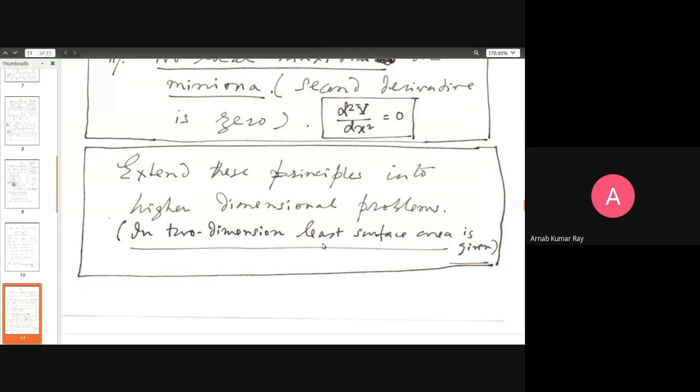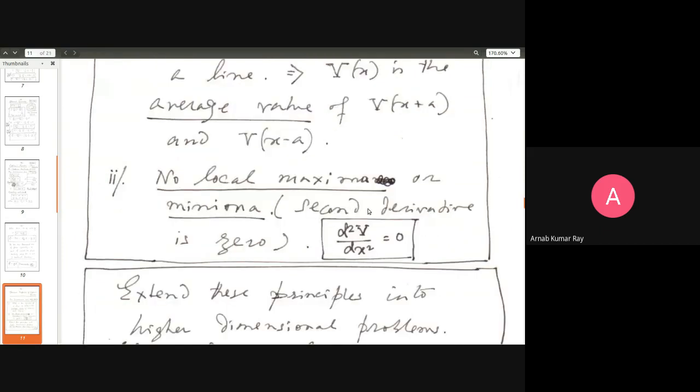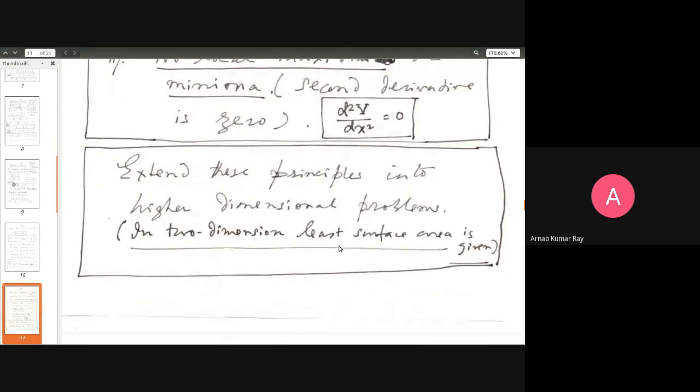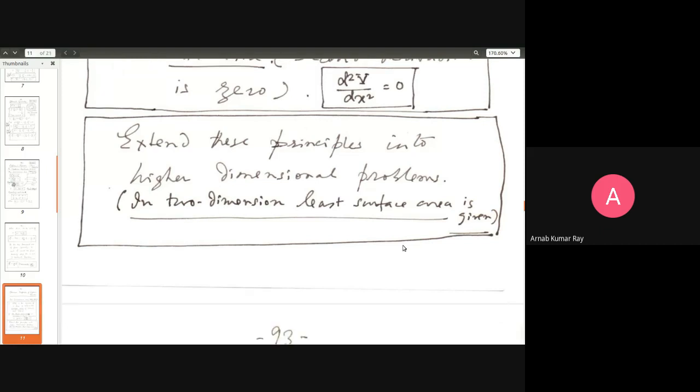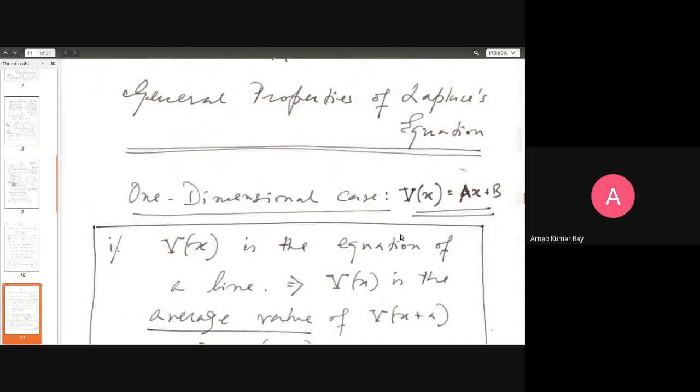Probably it will mean that in 3 dimensions, the solution of Laplace's equation would be like a least volume kind of configuration, whatever. Just like in 1D, it has got the least path. In 2D, it has got the least surface area. In 3D, which I wouldn't expect you to be able to imagine, it'll have the least volume, probably. Okay, anyway. So we shall use these properties of Laplace's equation later.